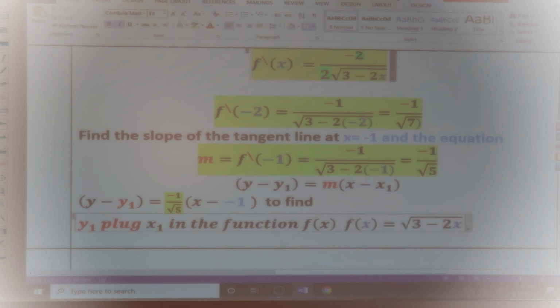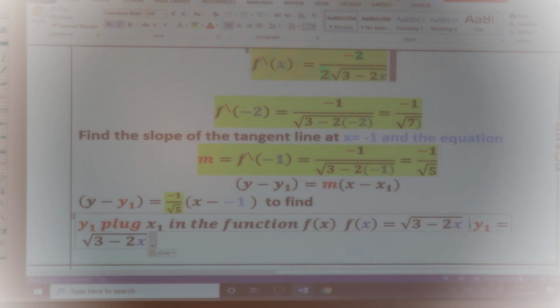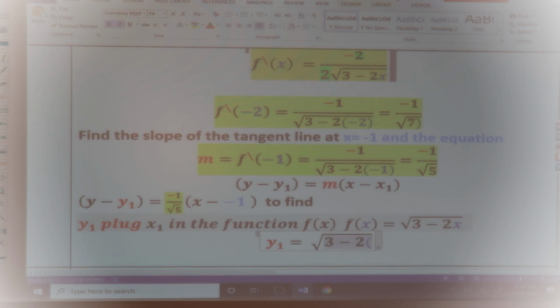Then y1 equals this guy. Now all you have to do is change x to be -1, which equals the square root of 5, right? We get -2 times the square root of 5.